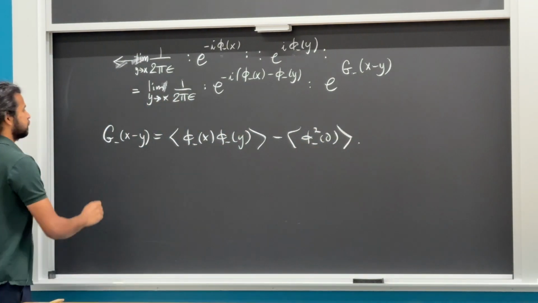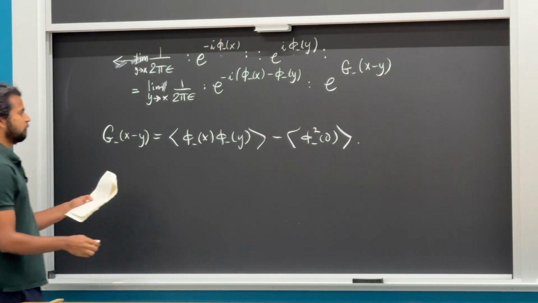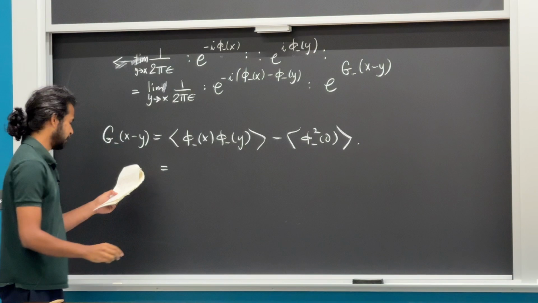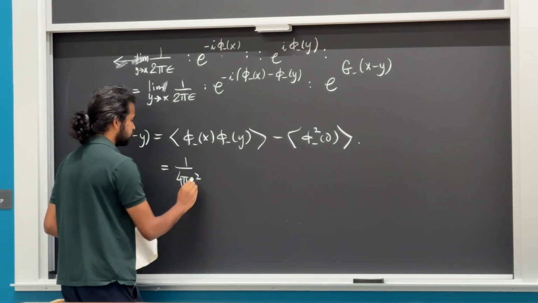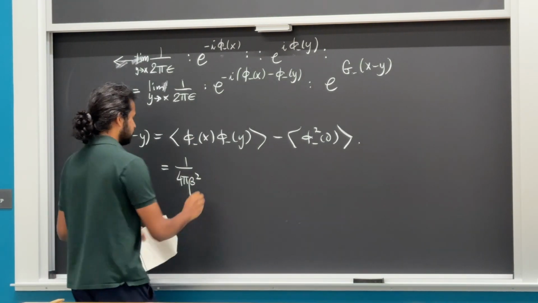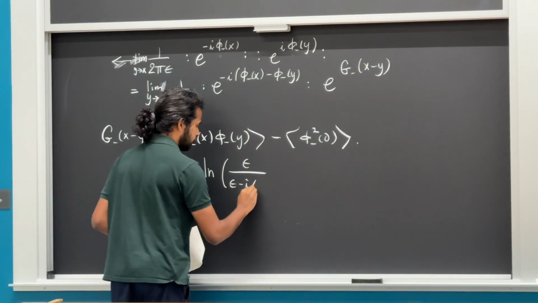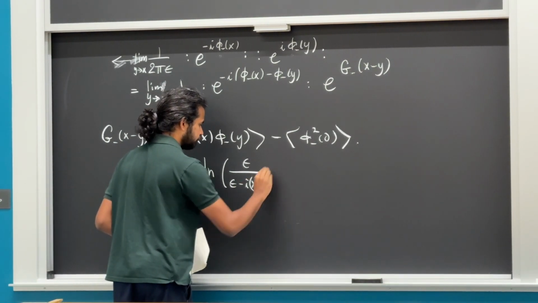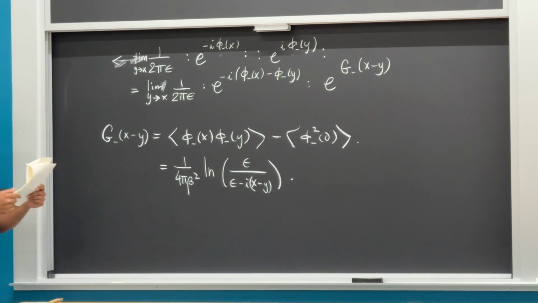That was the definition for G minus, and we calculated this last time to get 1 by 4 pi beta squared, where beta is the thing that appeared in the action, log epsilon by epsilon. So this is also a calculation from last week.